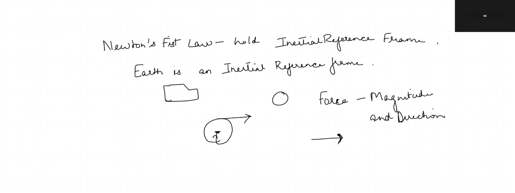So another example we can take is the moon, and this is a planet, and the moon is revolving around it. The reason it stays in the orbit is because the pull of gravity keeps making its direction change.